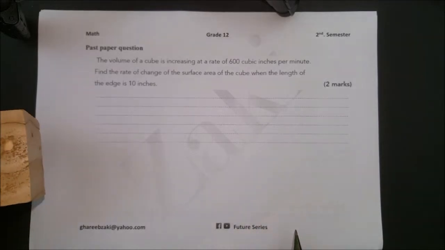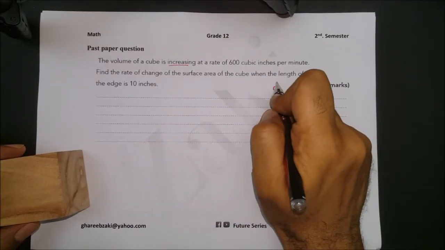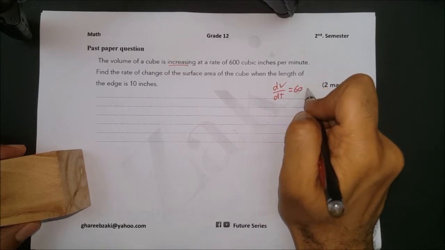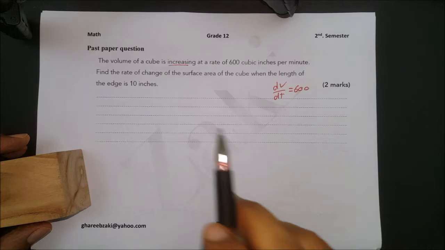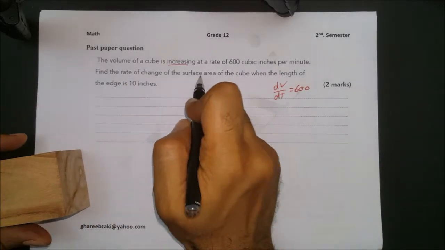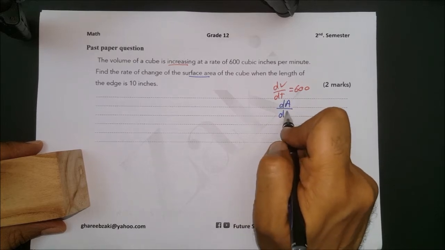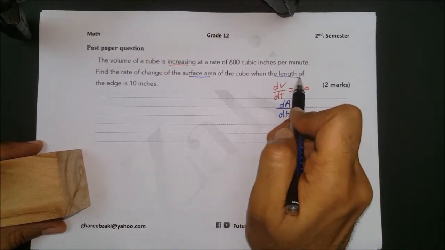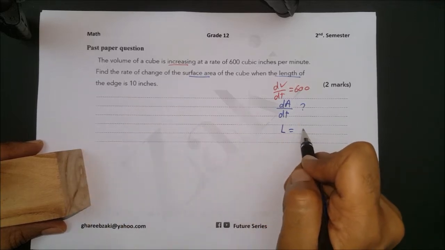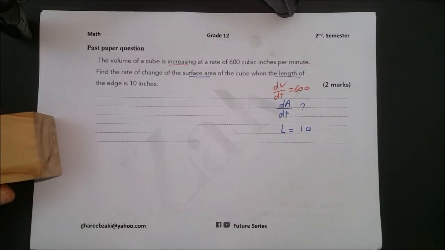Volume of cube increasing at a rate. So the given is that dv by dt equals 600 cubic inch per minute. Find the rate of change of surface area. So the required is dA by dt, when the length of the edge, denoted by L, is 10. So all the sides are equal.